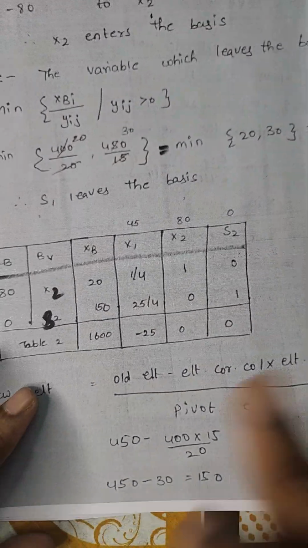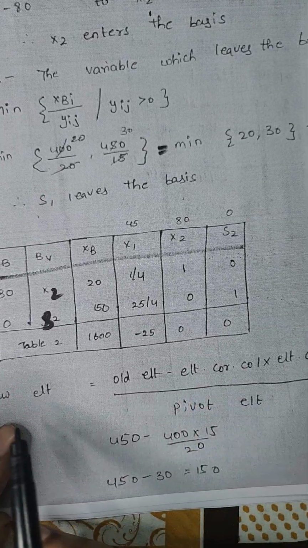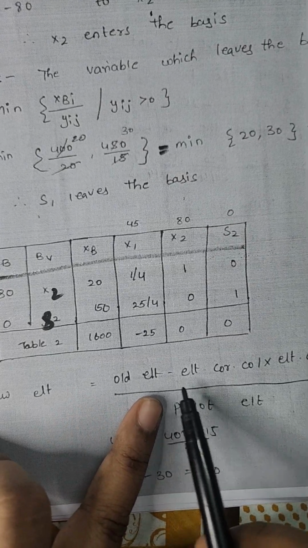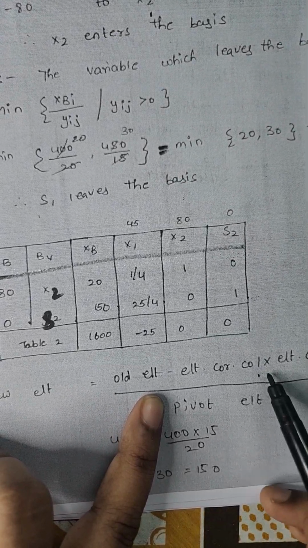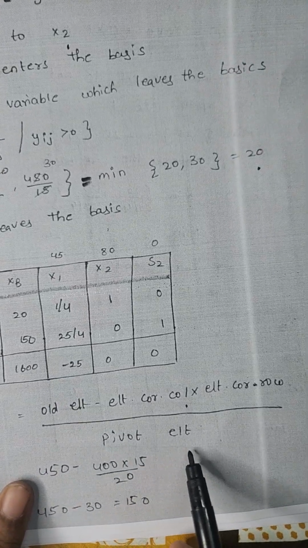Now we need to find the new elements in the table. For a new element, the formula is: old element minus element corresponding to the column into element corresponding to the row, divided by pivot element.